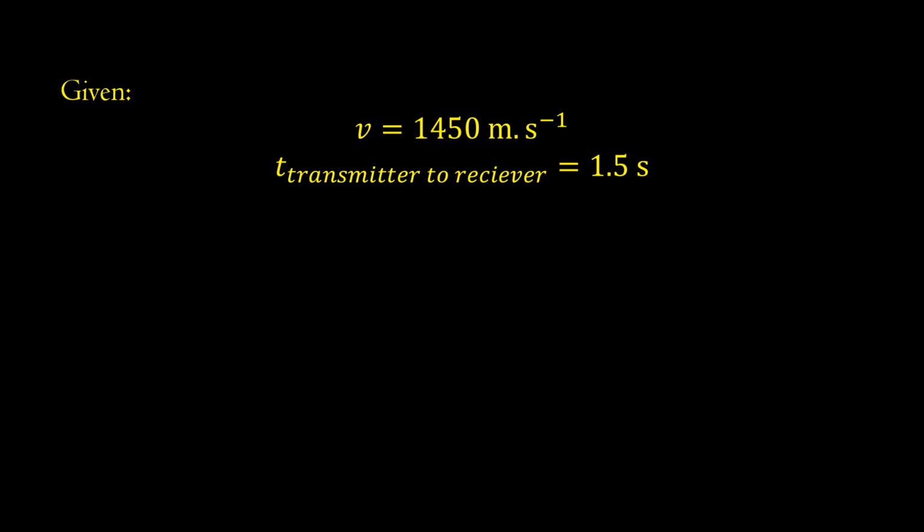The round trip from the ship to the seabed and back to the ship again is 1.5 seconds. However, we are not interested in the round trip. We are interested in the trip from the ship to the seabed, because we want to calculate the distance from the ship to the seabed.